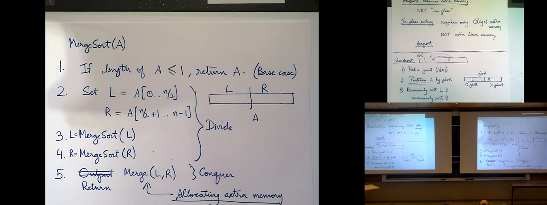So partitioning is a procedure, just like merge is a procedure. The core of merge sort is merging and then recursion on top of it. Quicksort is partitioning and then recursion on top of it. But the core procedure is partitioning. So I have to tell you how to partition. But once I tell you how to partition, you could just use this paradigm here, which is you pick a pivot, the first element.